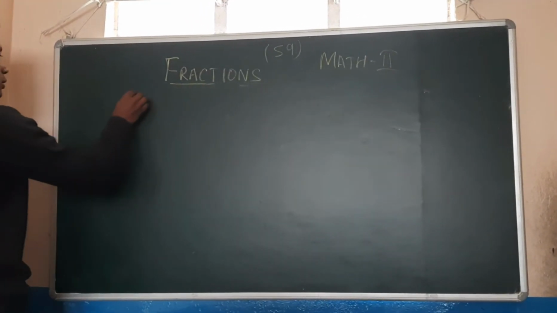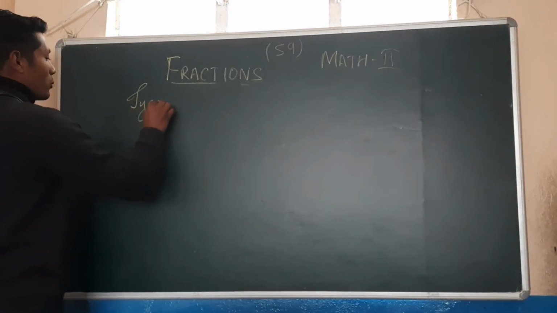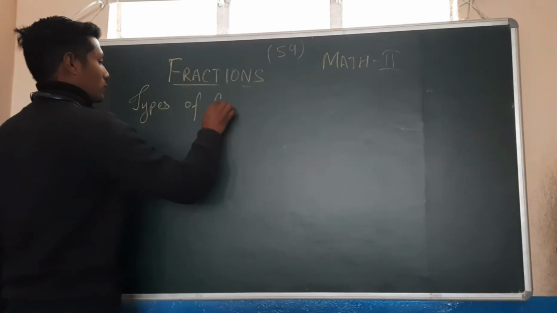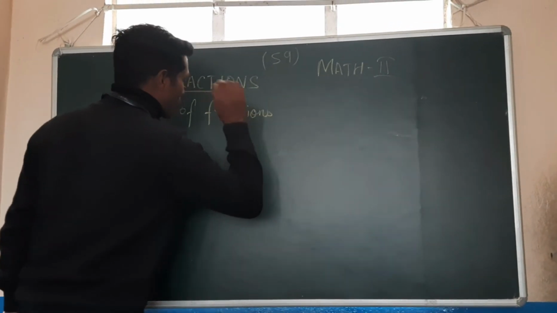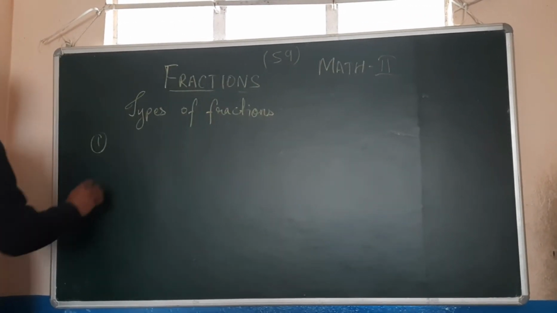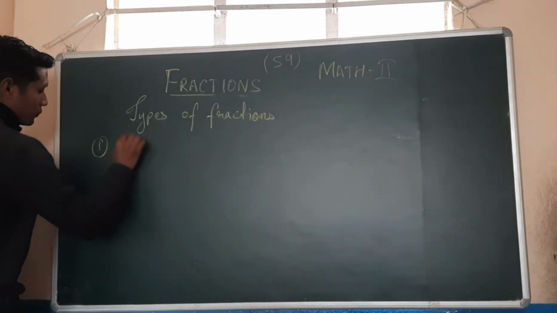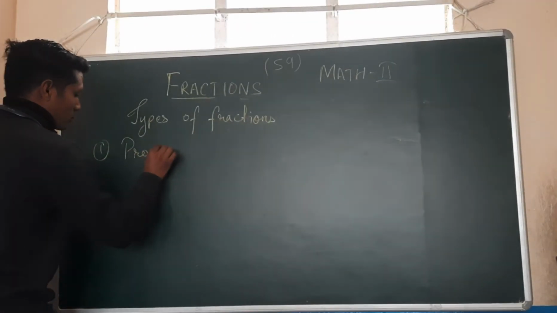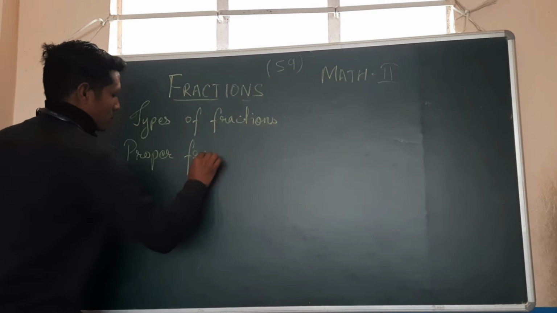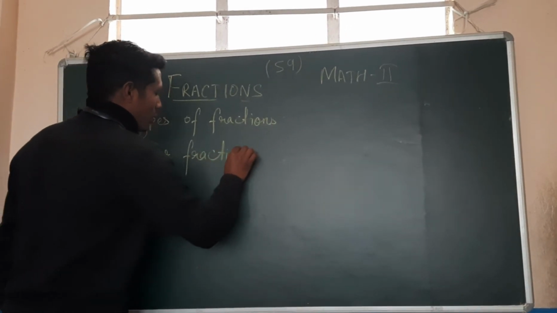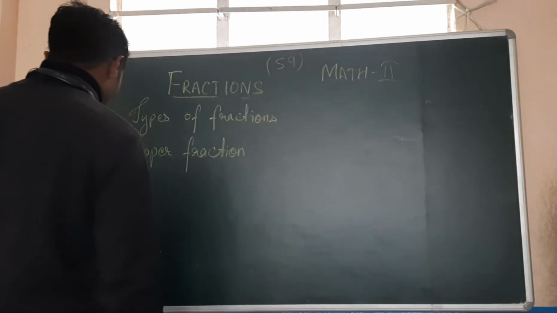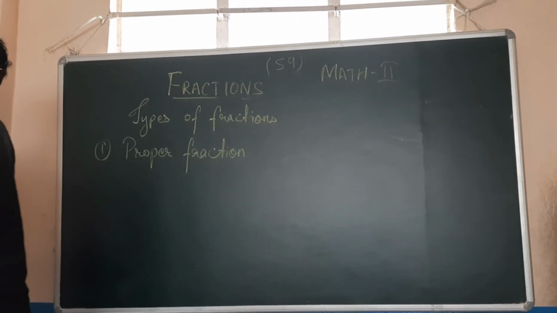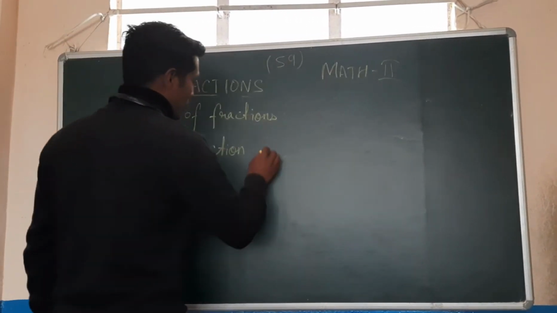Next, we will learn about the types of fractions. Types of fraction. Number 1, proper fraction. Dear students, what is a proper fraction? A proper fraction is a fraction that has the numerator smaller than the denominator.